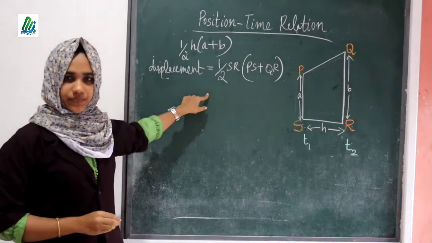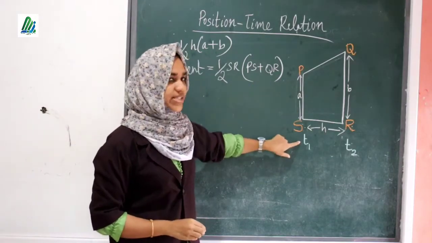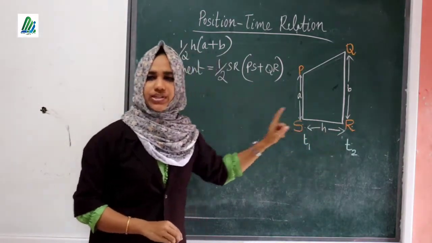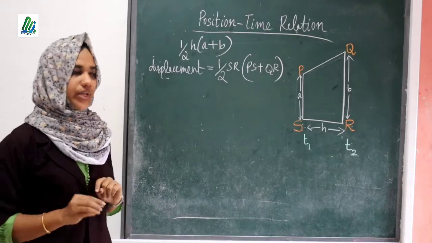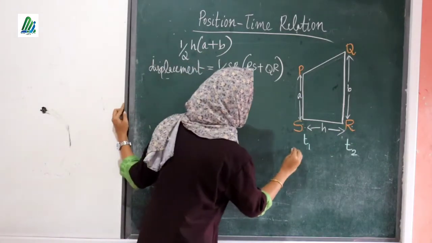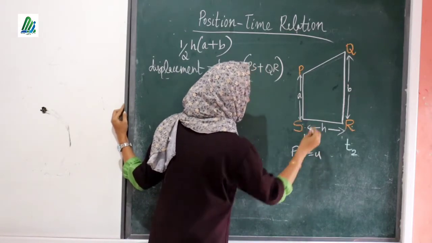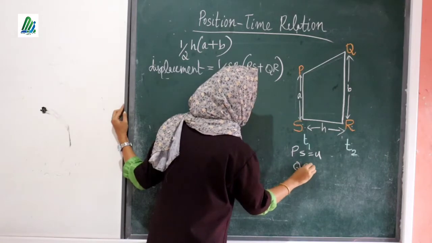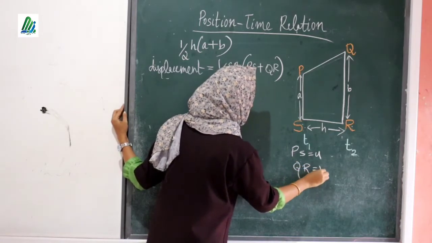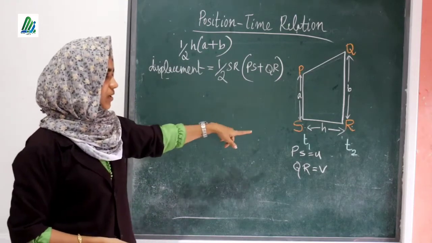Here T1 is the initial velocity and T2 is the final velocity. So we can write PS is equal to u, that is the initial velocity, and QR is the final velocity, which we write as v.